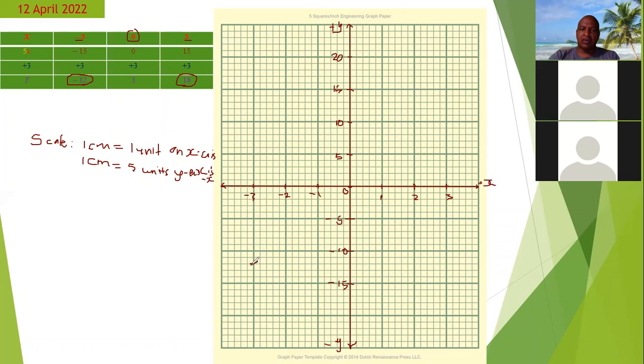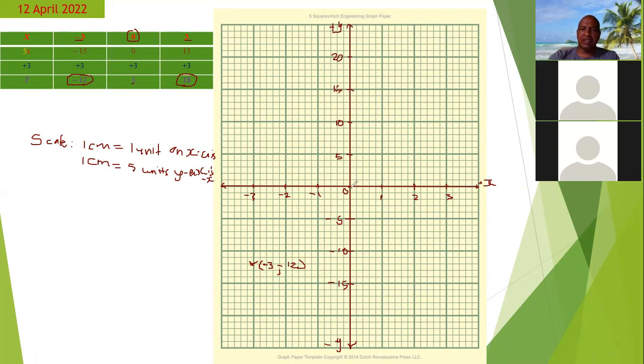All right, so here we would put our coordinates: -3 and -12 on the y-axis. All right, so that's 1 point. The next point that we have is x equals 0 and y equals 3.